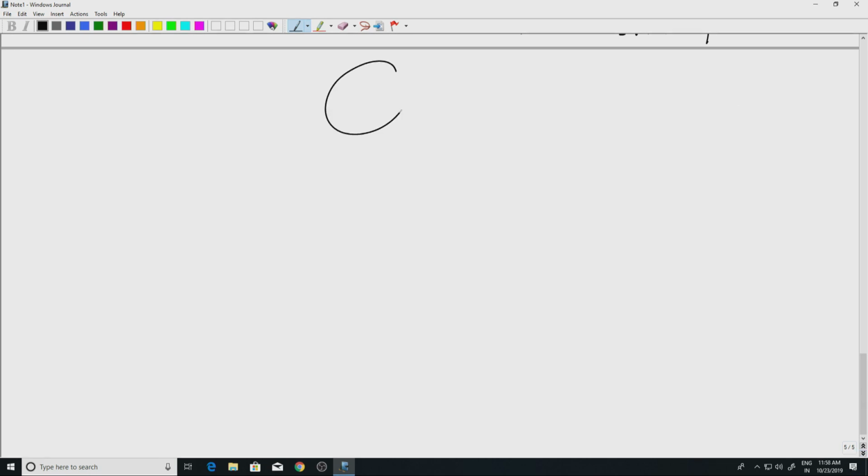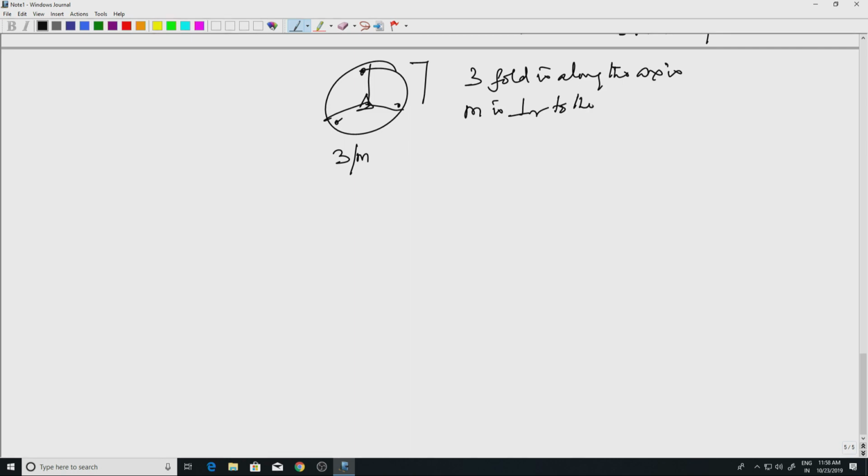The next one is 3 by m. This is my 3-fold and a mirror. Mirror is perpendicular to the rotation axis.